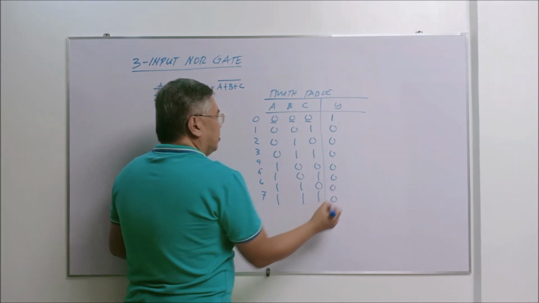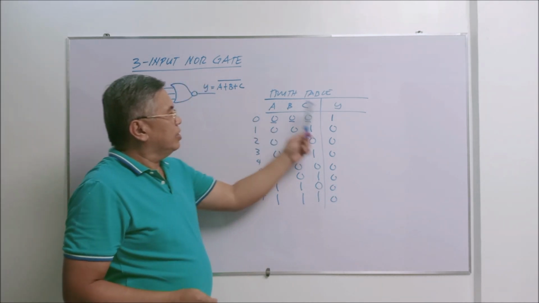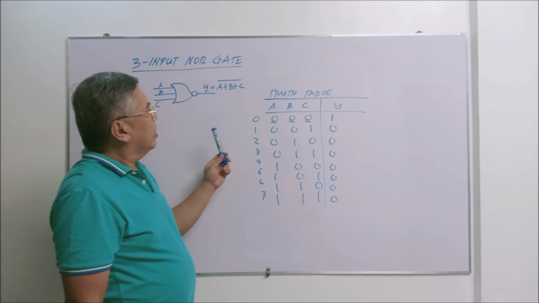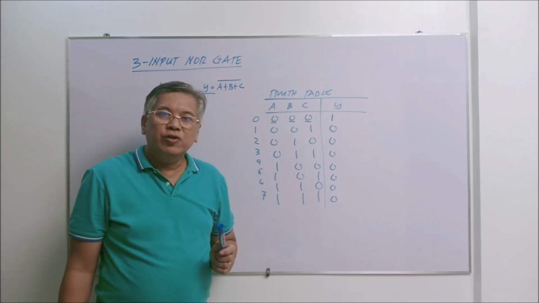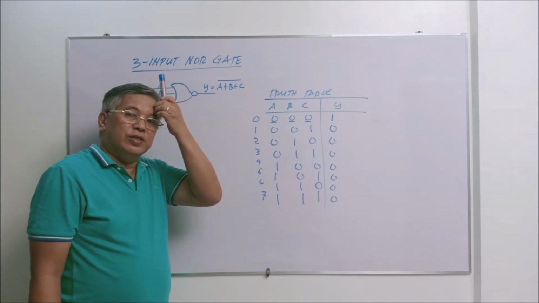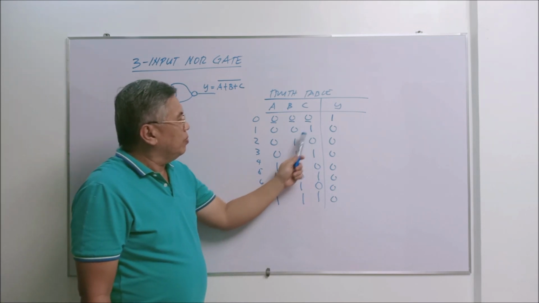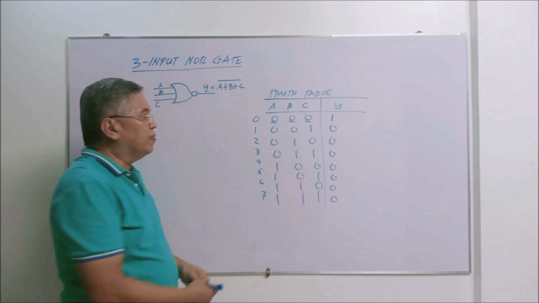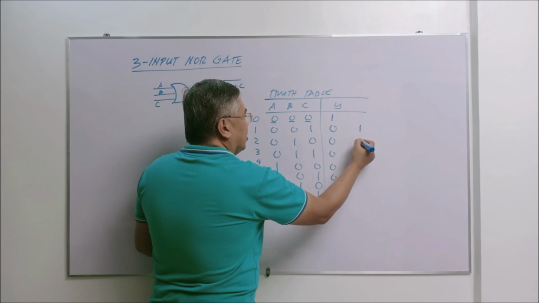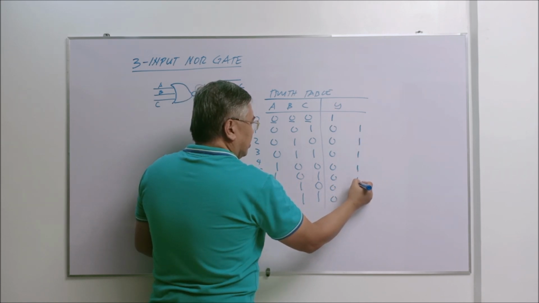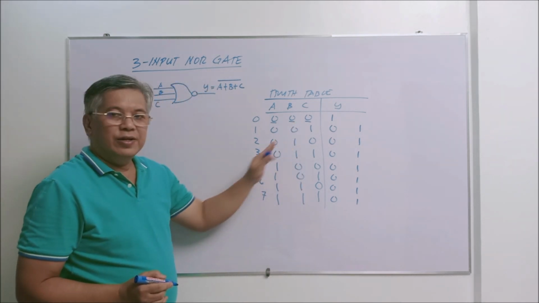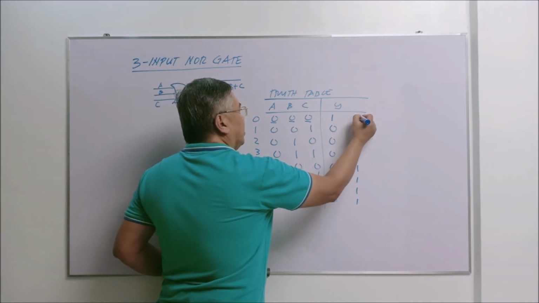If you notice, this table is based on the inversion of your OR gate. In our discussion of the OR gate, if any of the inputs is high, the output is high. For example, in our 3-input OR gate, these are ones here, with an input of 1, and then this one here is simply 0.